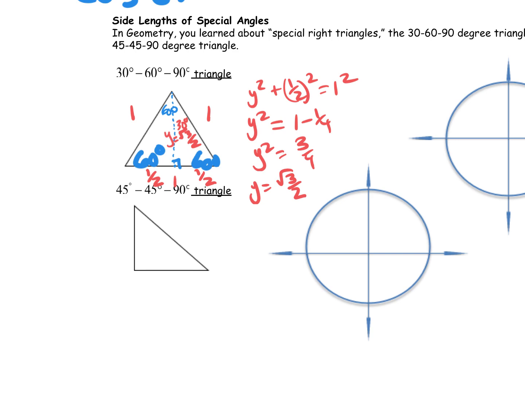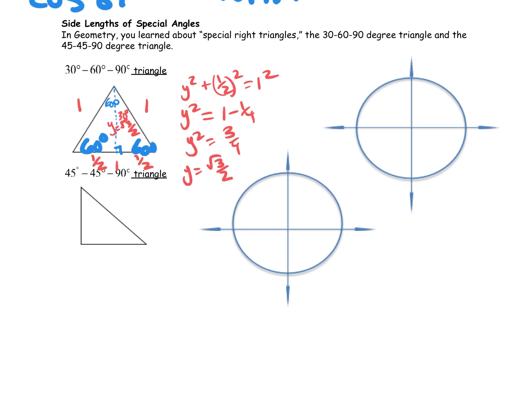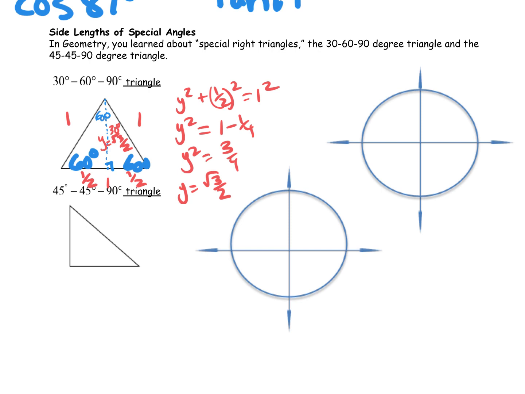So let's put this in a unit circle here. So say, maybe I'll make it here. We'll say we have this angle that's 60 degrees. And if I create a triangle here by dropping this altitude down to the x-axis, so we're going to create a right triangle.